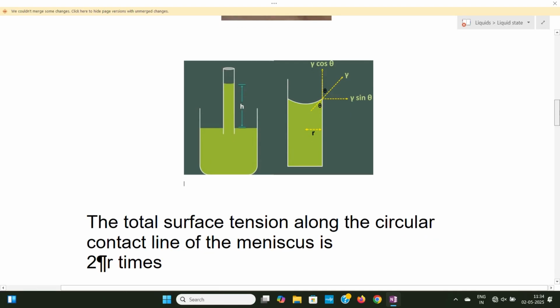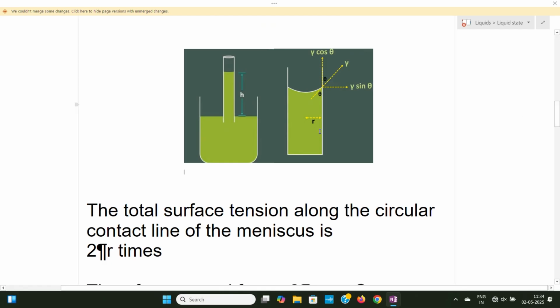The angle between the curved surface and the glass tube is called the contact angle, and for the capillary rise, this contact angle will be less than 90 degrees. This is an introduction of the capillary rise. Now, we have to see how the surface tension is determined by capillary rise method.